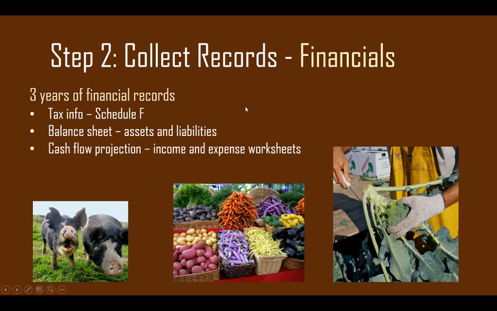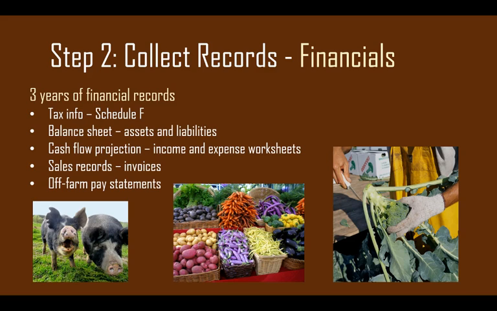The other piece that's really important is a cash flow projection, income and expense worksheets. And you'll need to know how you're going to cash flow your farm business, how you're going to show that you're going to be able to support yourself as well as pay your loan back. And then really important are sales records and invoices and off-farm pay statements.